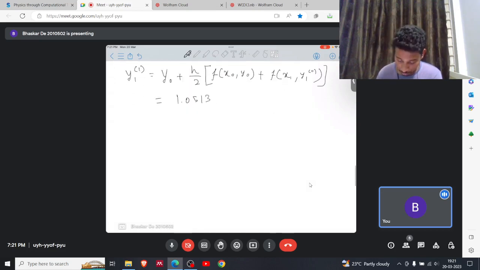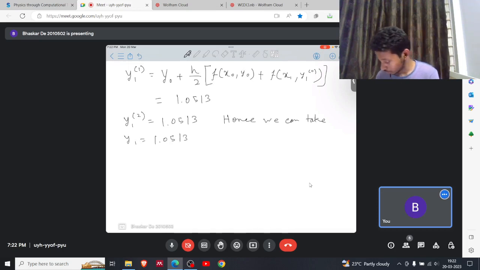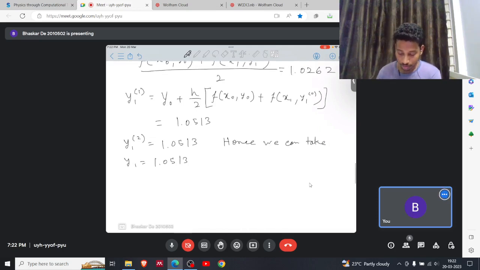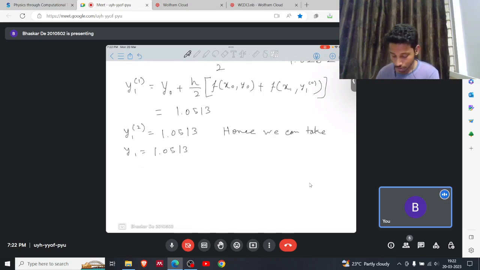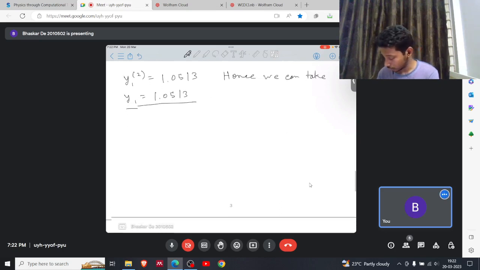Now repeating the same procedure, we can find that y1 2 will be 1.0513. Hence we can take y1 as 1.0513. So y1 1 is 1.0513 and y1 2 is 1.0513, so the value of y1 is not changing, and we can easily conclude that the value of y1 is 1.0513.